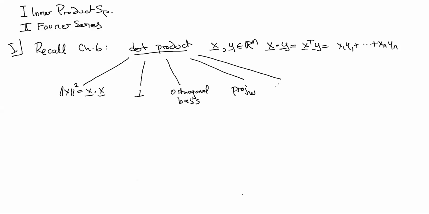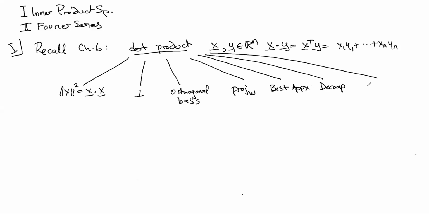We got the best approximation theorem and the decomposition theorem. And we even found a way to turn any basis into an orthogonal basis, namely Gram-Schmidt. Okay, so this one concept led to all of this useful stuff.